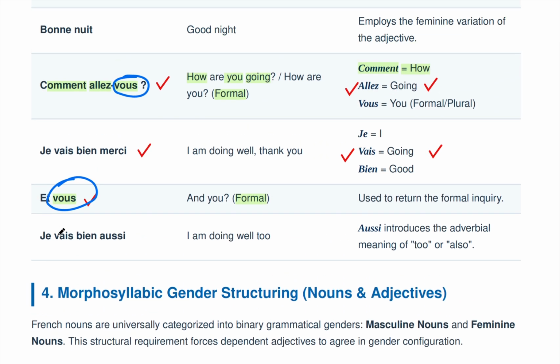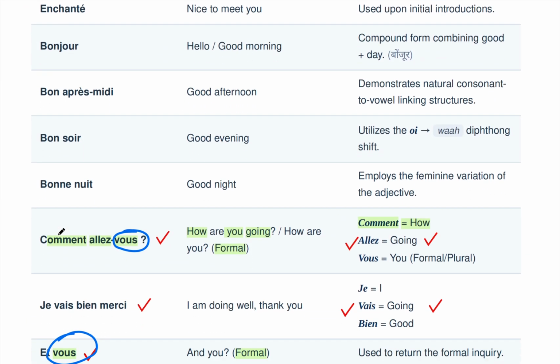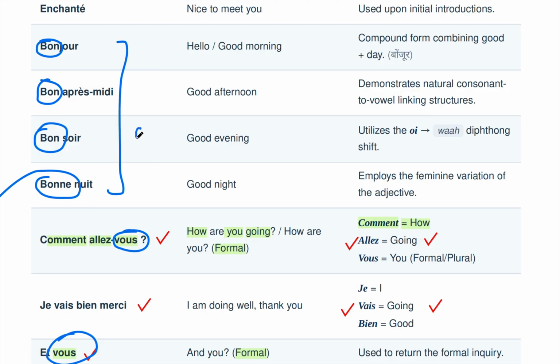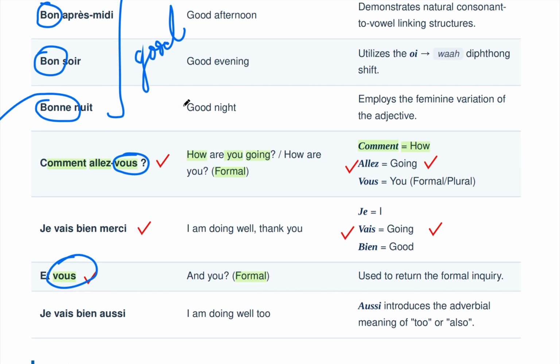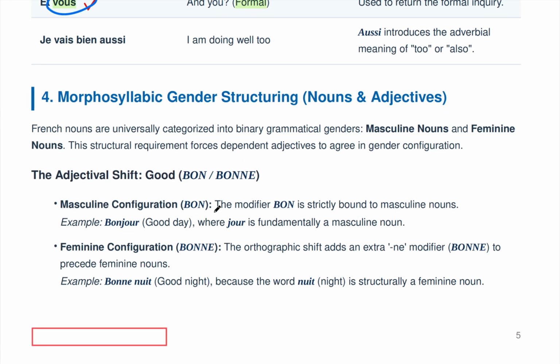D'accord, now there is one thing which you must have wondered: I have used bon here, but here I have used bonne with a double n. The meaning of bon and bonne is good only. And bien is also good, but why are we using bon and bonne in different ways?